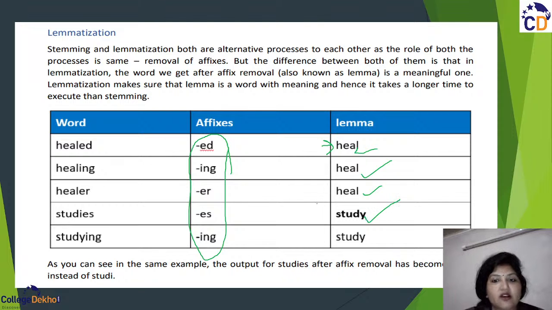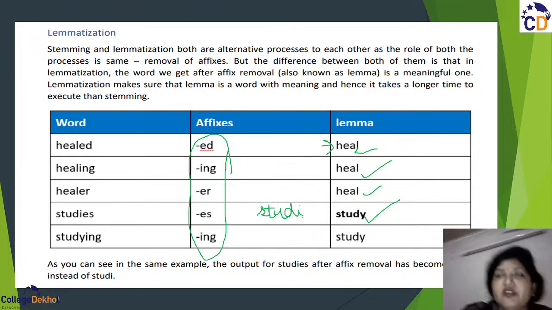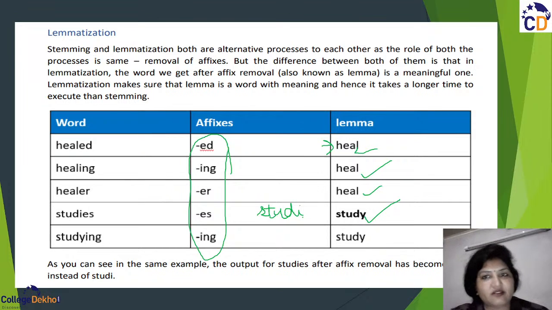In the stemming process, as we saw yesterday, it reduces to studi, which is not a meaningful word. This is the difference between lemmatization and stemming. Let us see how it works. The difference between them is that in lemmatization, the word we get after affix removal is a meaningful one, whereas in stemming it is meaningless.